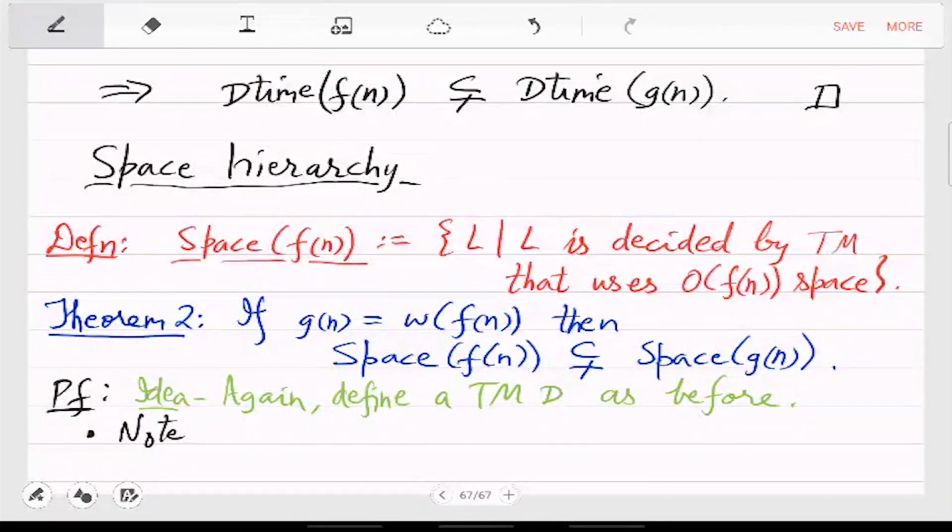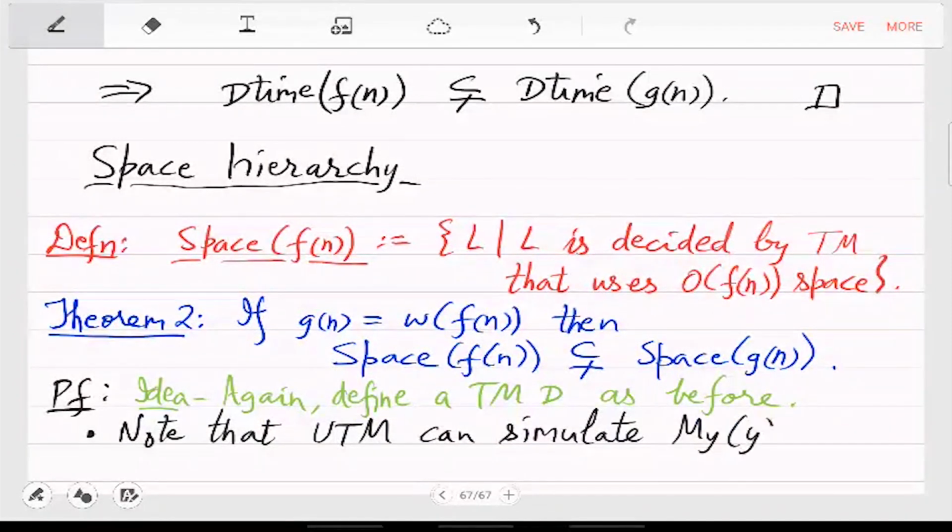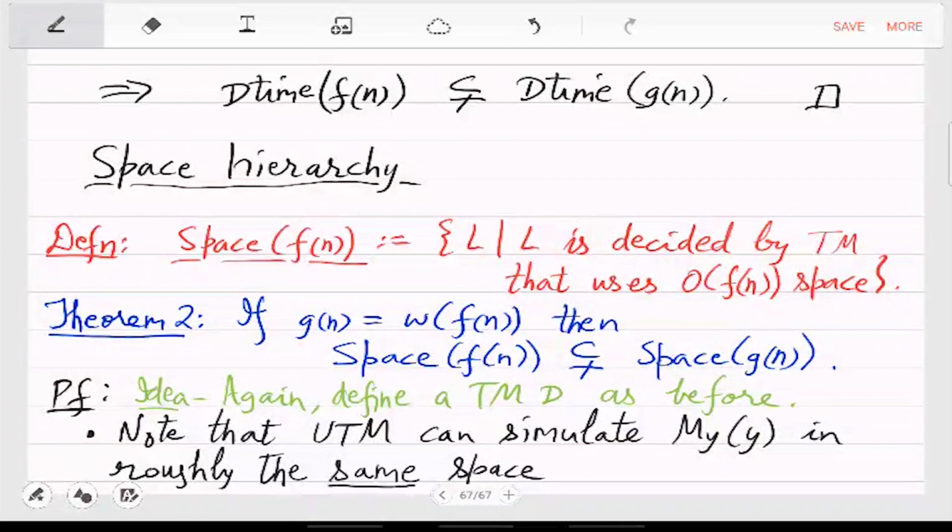So note that a universal Turing machine can simulate y on y, the Turing machine y descriptor on itself, in roughly the same space as that of Turing machine y. Okay, so that's the proof sketch.